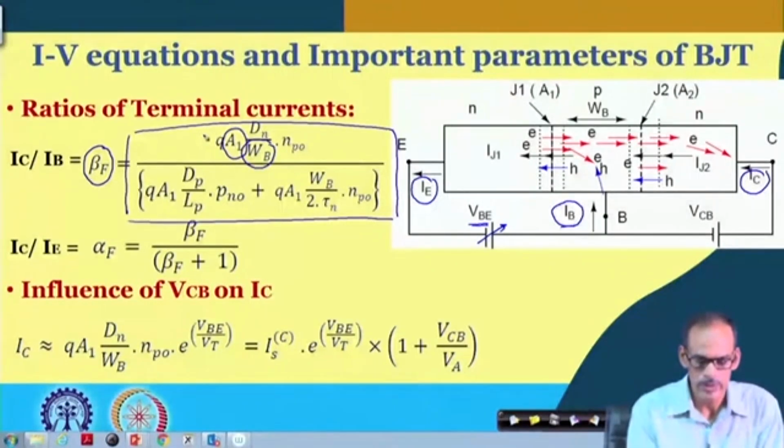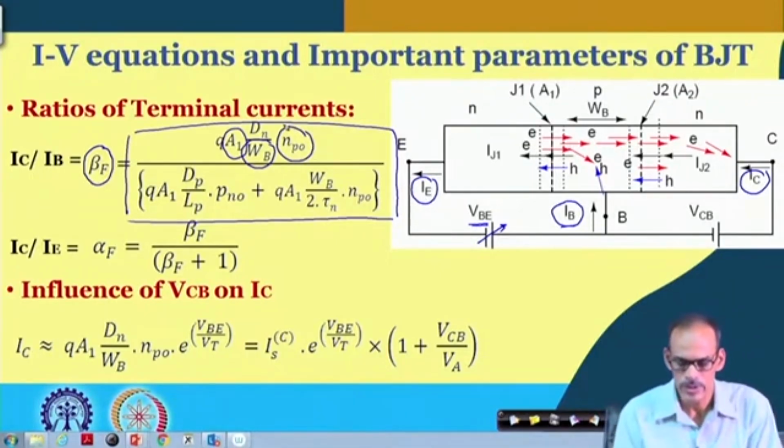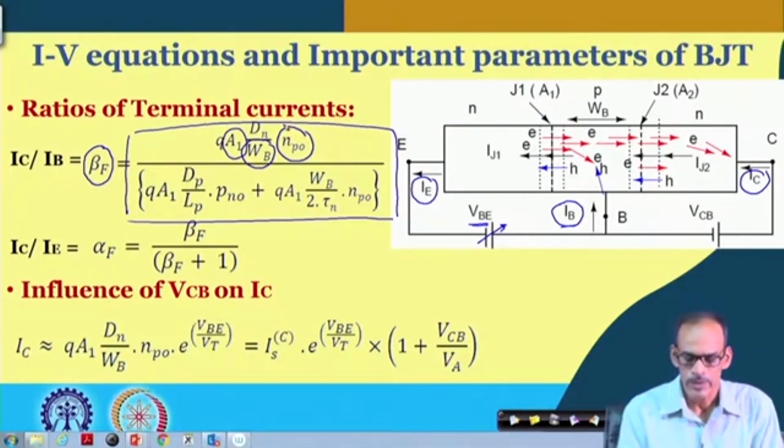In fact, we can also see that it is a function of np0, which is the minority carrier concentration in the base region. Likewise, we also have the minority carrier concentration in the emitter region.